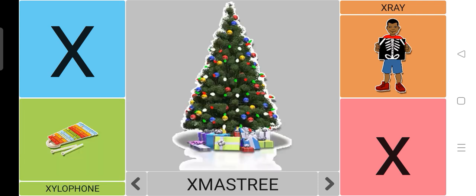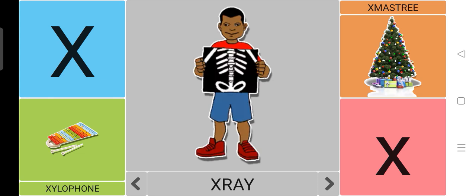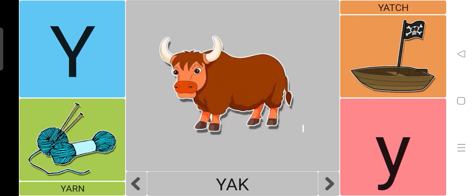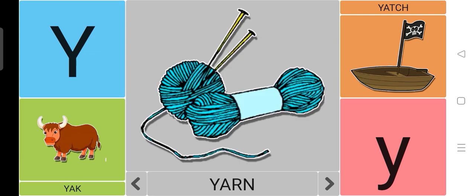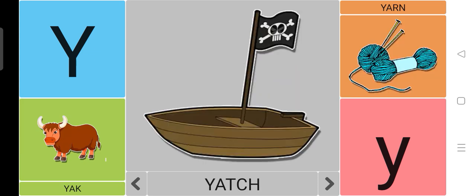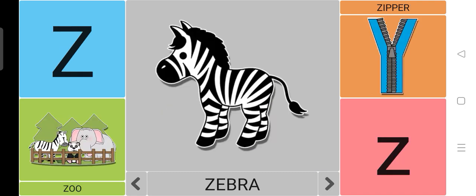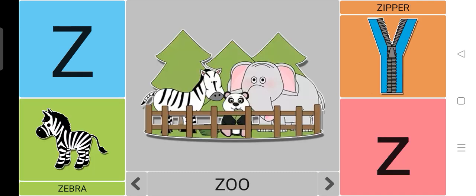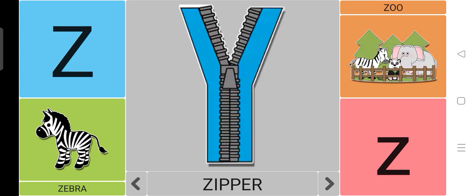X is for X-ray. Y is for yak. Y is for yarn. Y is for yacht. Z is for zebra. Z is for zoo. Z is for zipper.